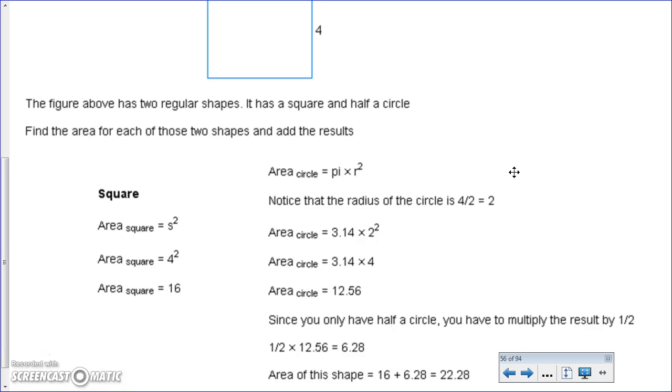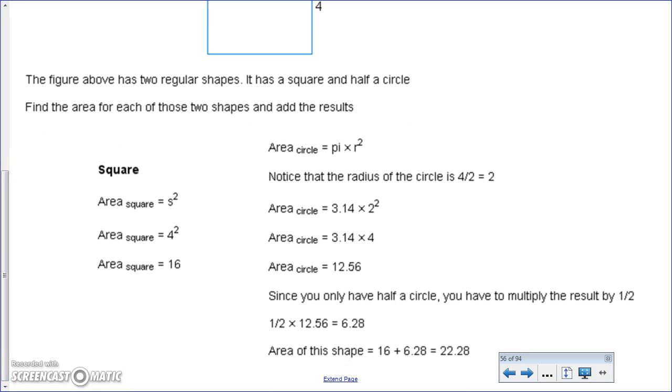So the area of a full circle would be 12.56. However, we only have half a circle. So you either multiply the result by half or you just divide it by 2. It's the same thing. So taking 12.56, dividing it by 2 gets us 6.28. So the area of the shape, we add the square plus the half circle, gets us 22.28.